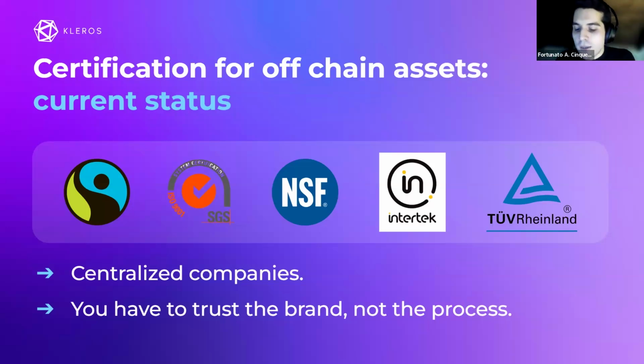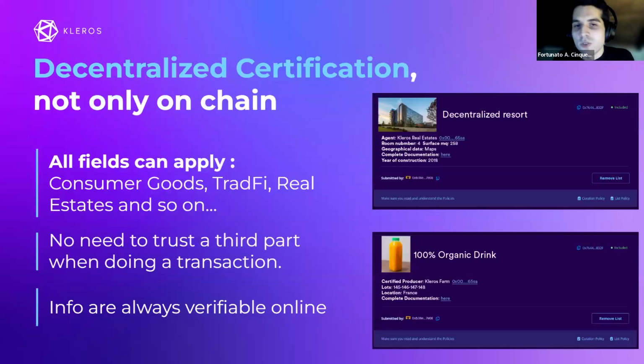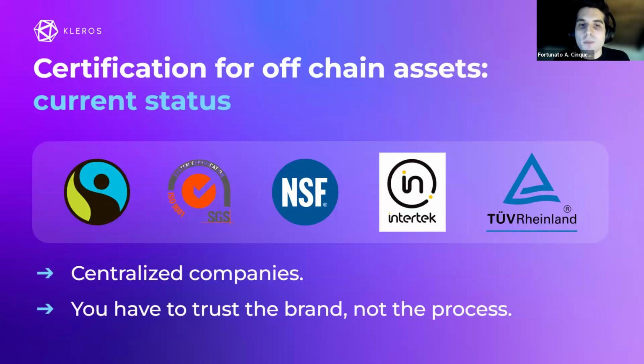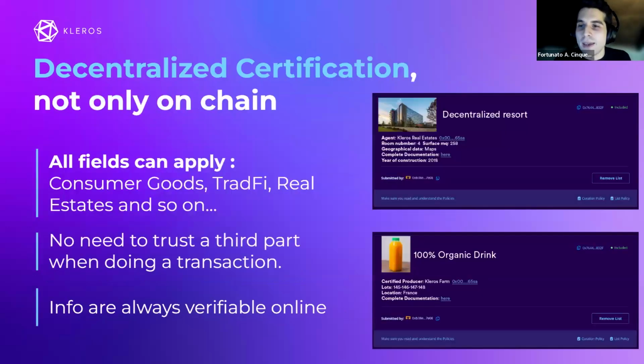Now, a point that I would like to underline before switching to this slide is that the system that we are suggesting, that we are studying right now, can also be adopted by these companies. It's not something exclusive, where we say we are just an exclusive alternative. If they want, they can adopt such a system.